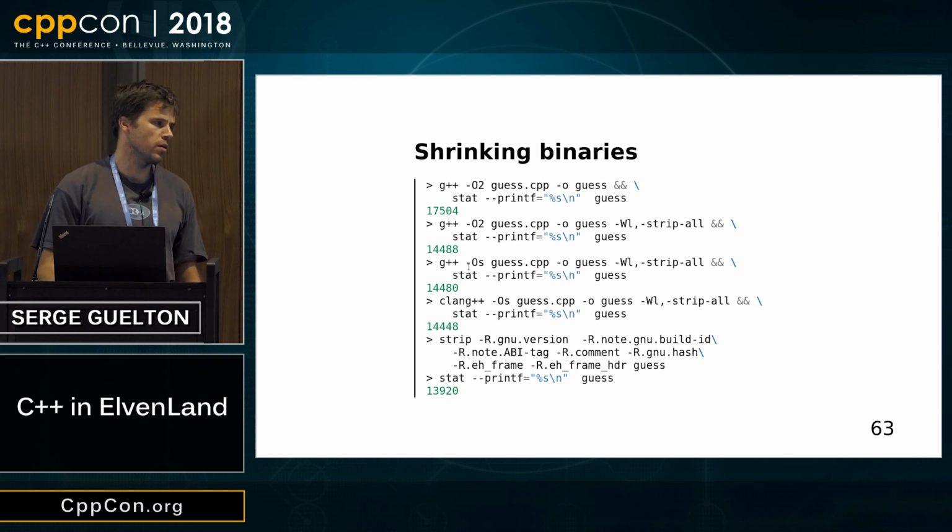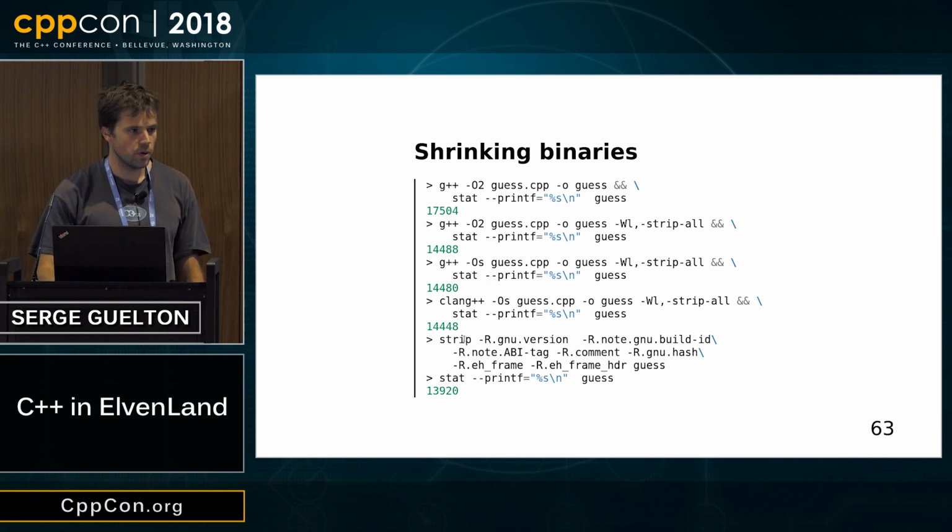It turns out that for Clang, -Os is roughly equivalent to -O2. Last time I checked, which was a year ago, so it may not be correct anymore, there was no specific pipeline for small binary generation. But still, Clang generates slightly smaller binaries, because it's a different optimization pipeline.